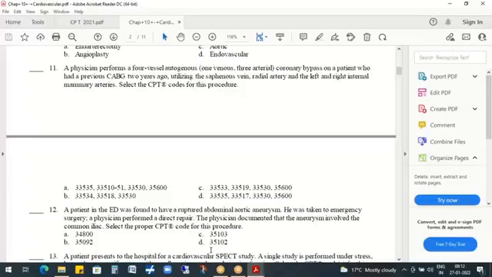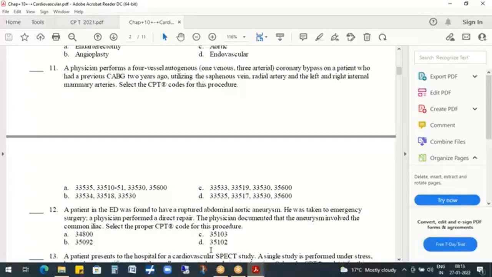Vishnu, can you explain this question? Yes, sir. In this, 1 venous and 3 arterial grafts are used. For 3 arterial, what is the code?